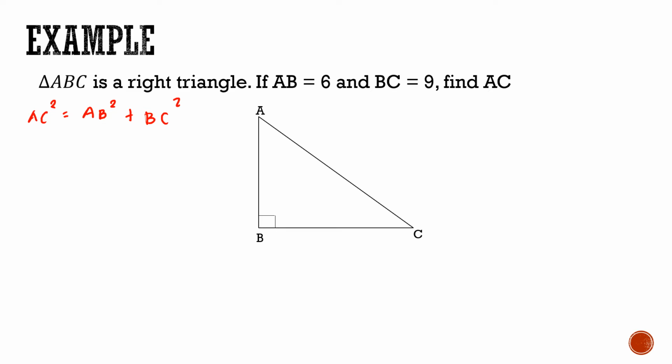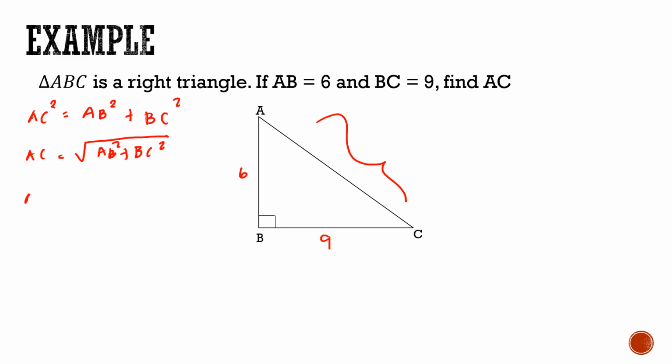So to derive the formula to get the longer leg, AC is equal to the square root of AB squared plus BC squared. Side AB measures 6 and side BC is equal to 9, and I want to find my hypotenuse. So I'll be using this formula.